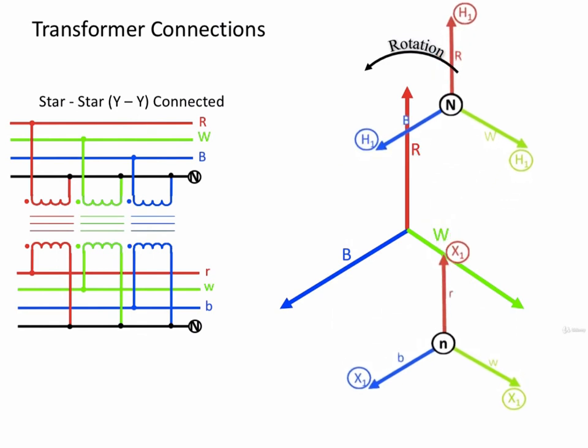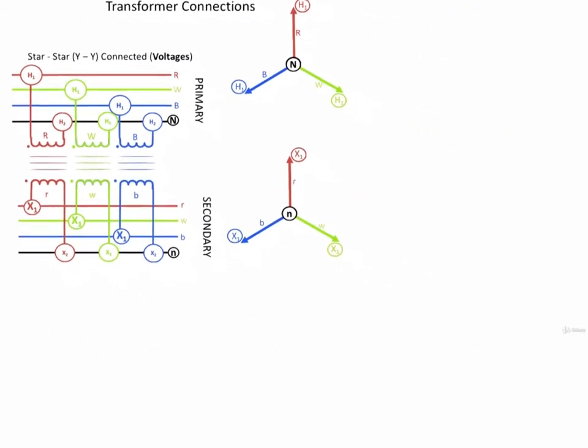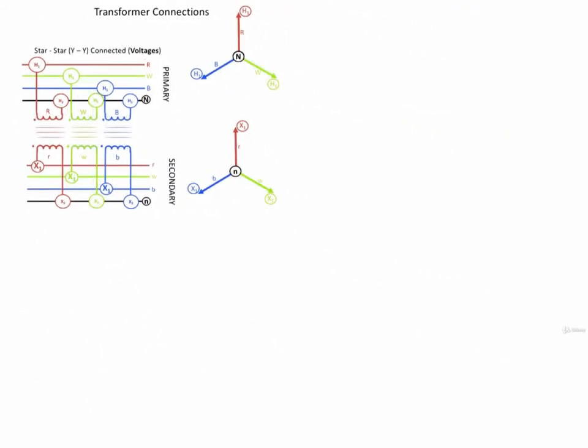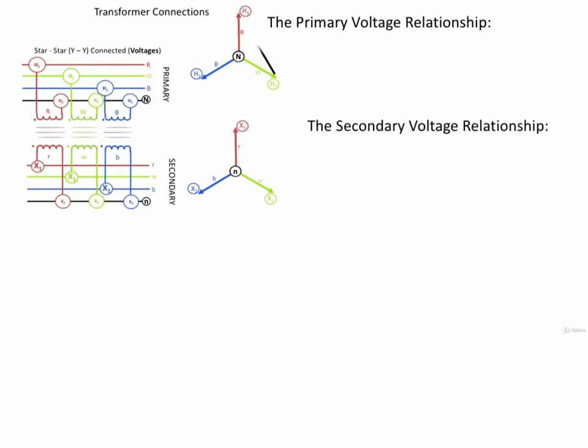I now want to take a closer look at this phase relationship in regard to the primary and secondary of this transformer. The primary and secondary phase-to-phase voltage relationships are both the same with respect to their respective phase-to-neutral voltages.